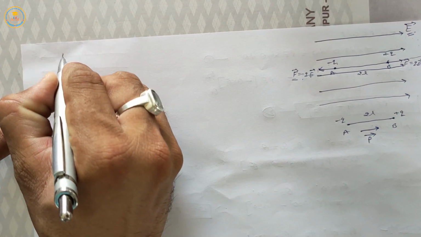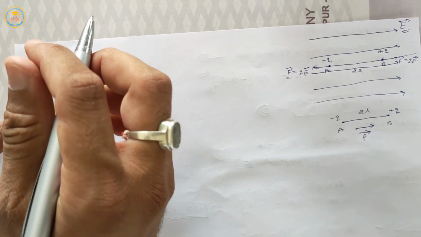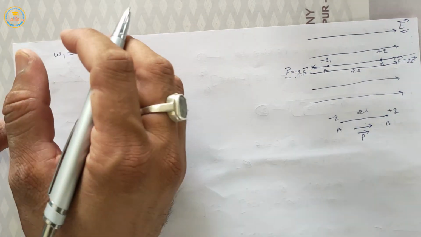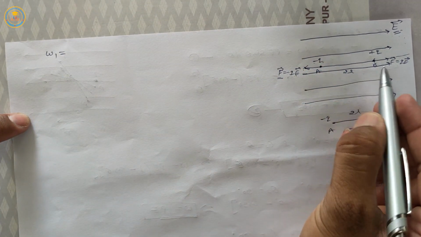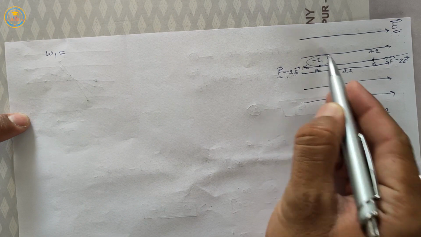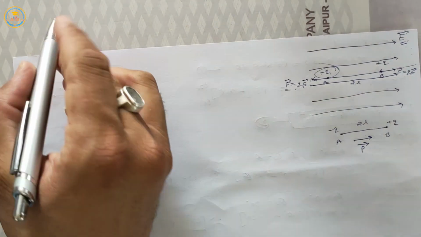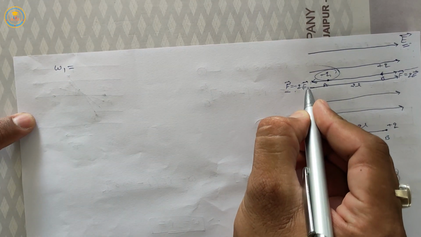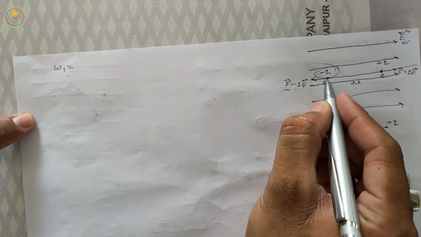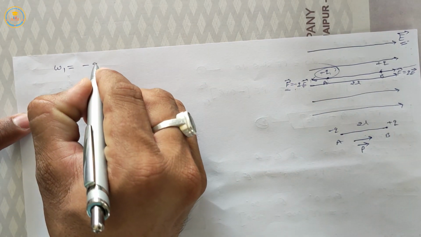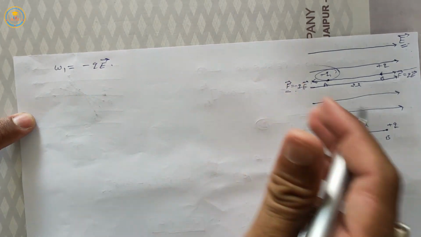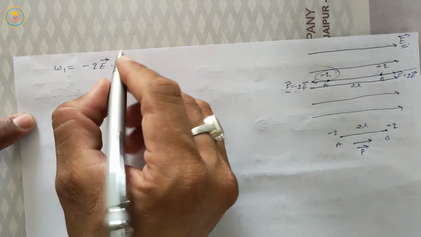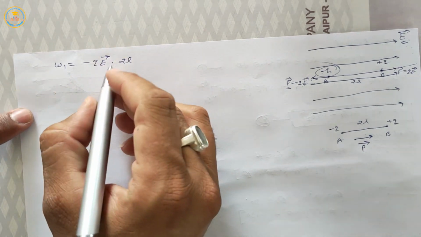Then the work done by the electric field on charge minus q, W1, is equal to force times displacement. Here, force times the extra distance covered by this charge means W1 is equal to the force on this charge, which is minus qE, times the extra distance covered by the minus q charge, which is 2l.